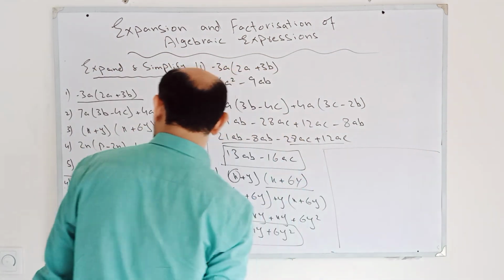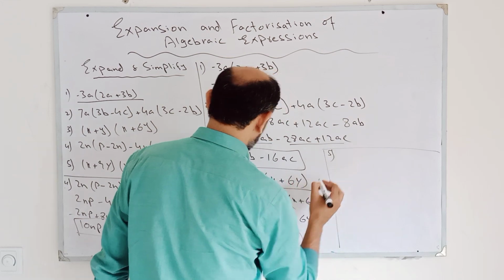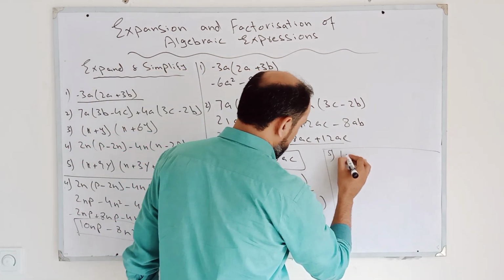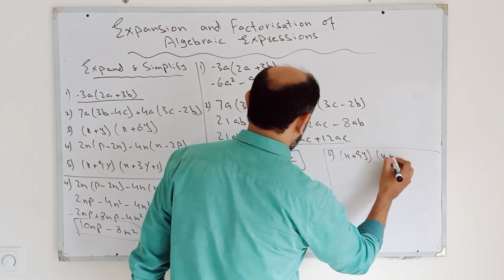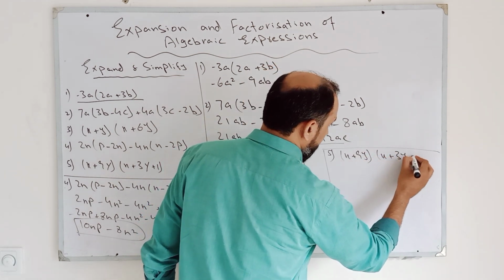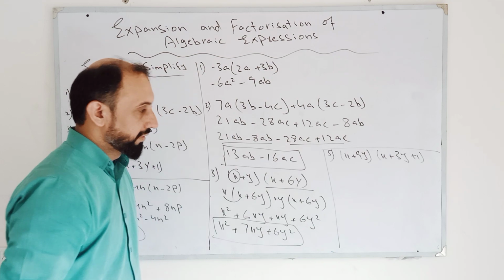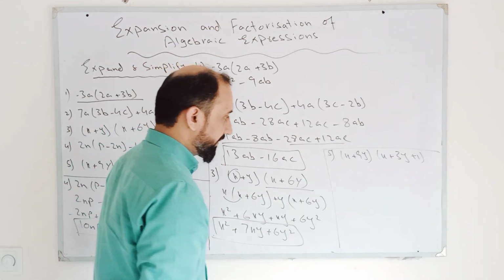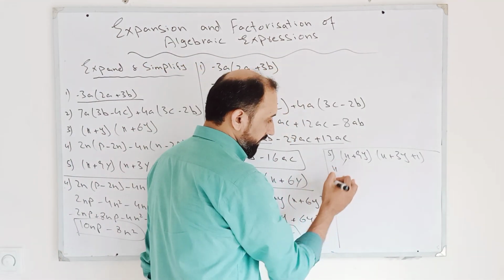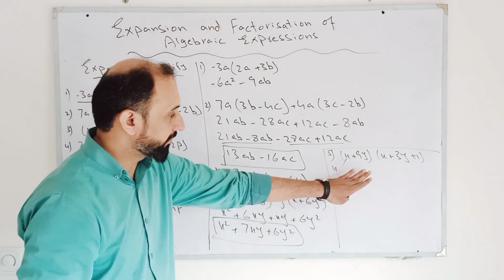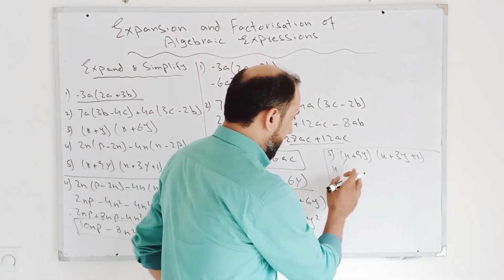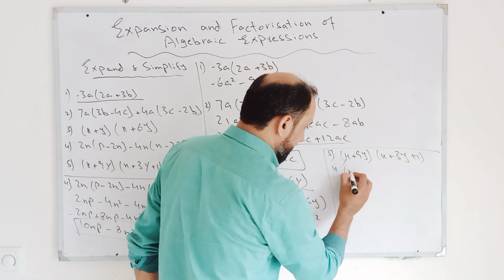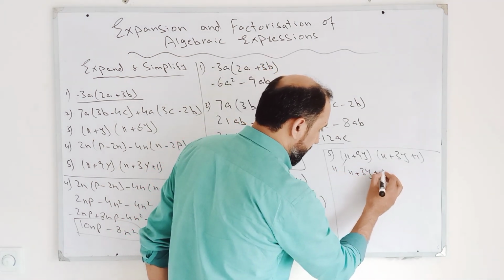Okay. Question number 5. (x plus 9y)(x plus 3y plus 1). First of all, we take x from the first bracket and multiply the whole second bracket: x plus 3y plus 1.